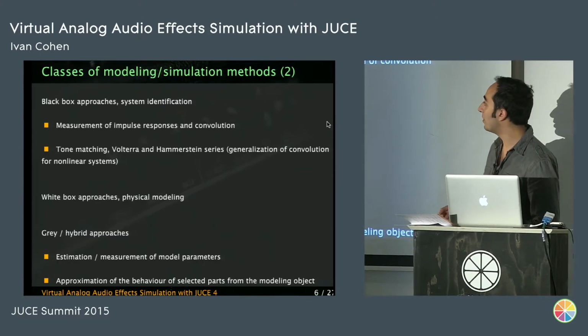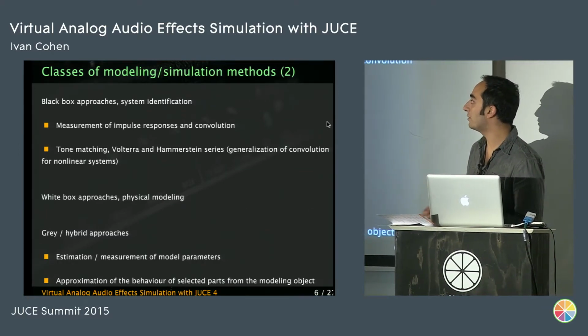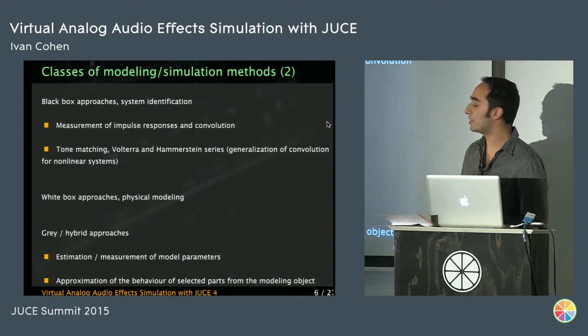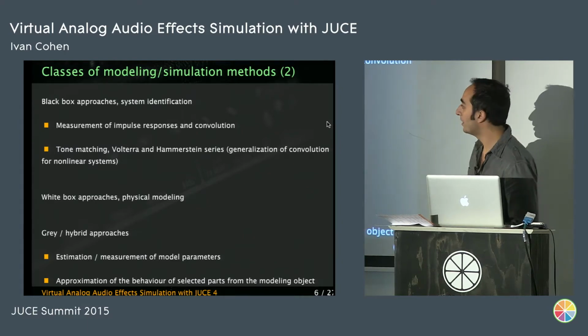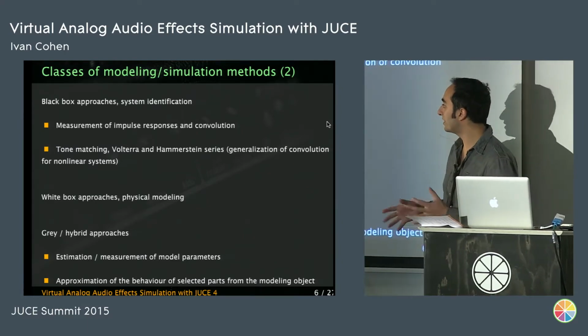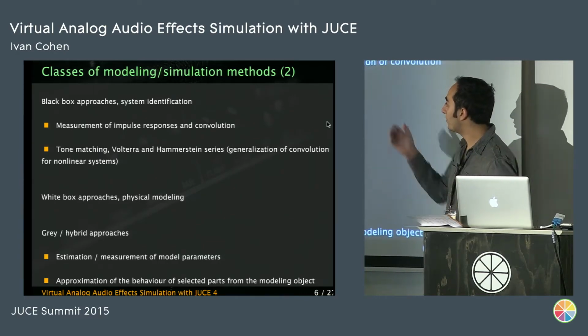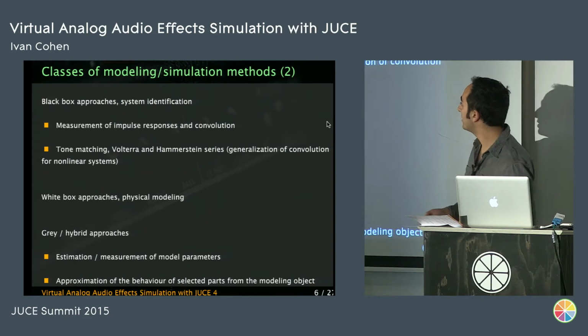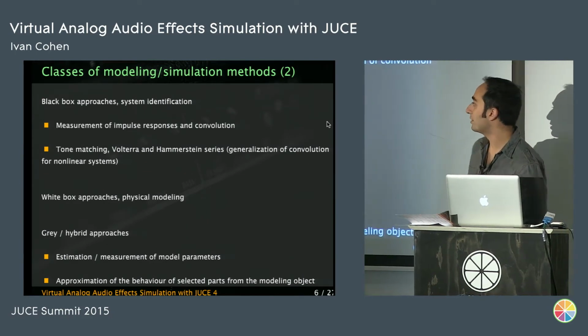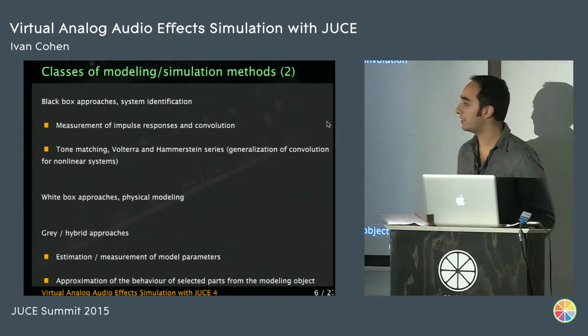That's the principle of everything you can do by a measurement of impulse responses and convolution. And you can also do things like that in the nonlinear domain using the Volterra and Hammerstein series, which are a generalization of convolution for nonlinear systems.